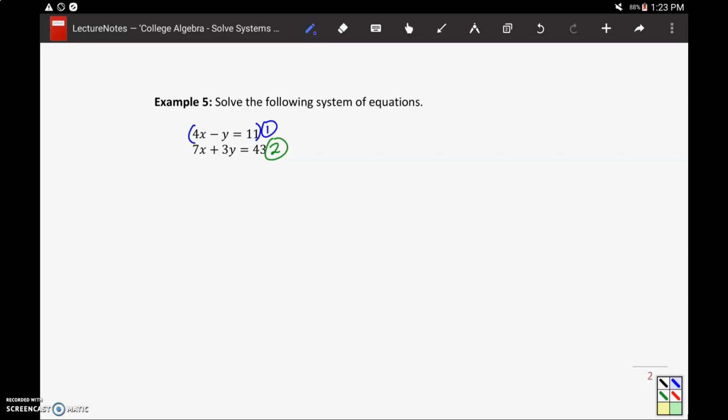What I'm going to choose to do in this case is take every term on both sides of the first equation and multiply by 3. Since I'm performing the same operation on both sides, I'm not changing the truth of that statement. But now we have a new equation, 12x minus 3y is equal to 33. And our second equation remains unchanged.